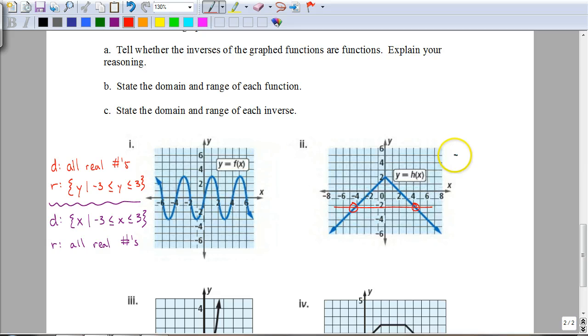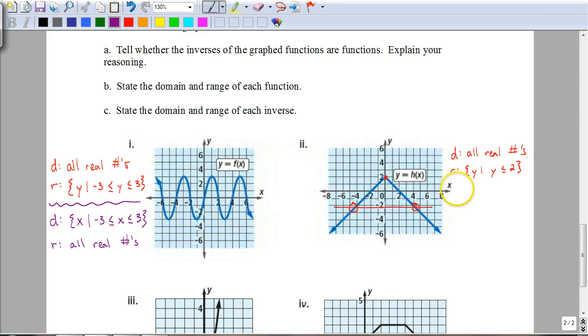The domain of the original, which was a function, is going to be all real numbers. The range for this one would be the set of y's such that y is less than or equal to 2. Because remember, it starts where y on the y-axis is 2, and it goes down, so it's everything below that point.